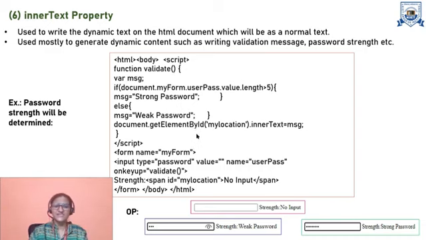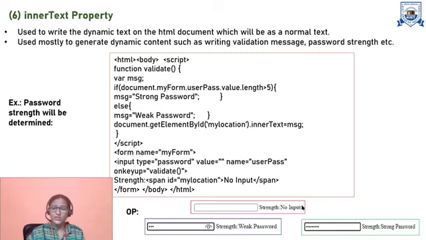Here we can see that initially the word strength is written, and then no input. Just before the span with the small piece of code no input, we have written strength.